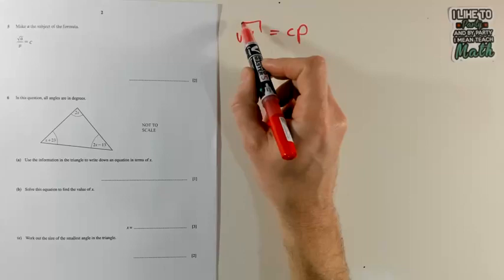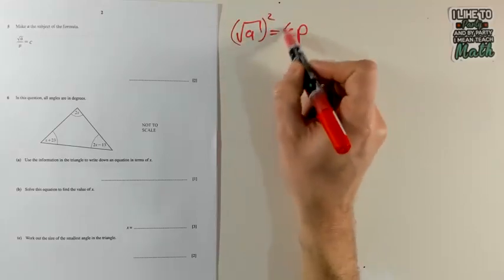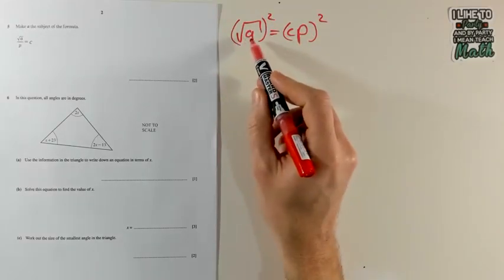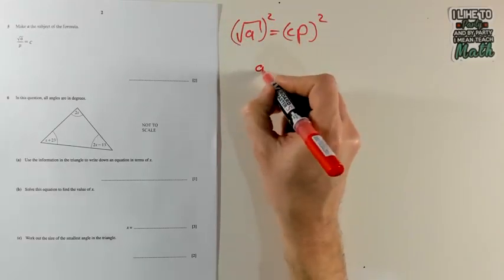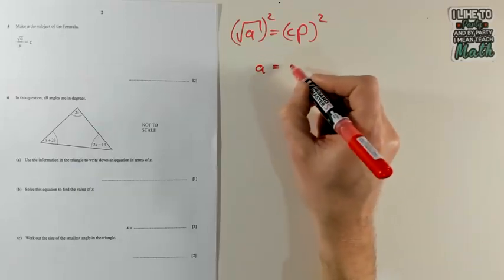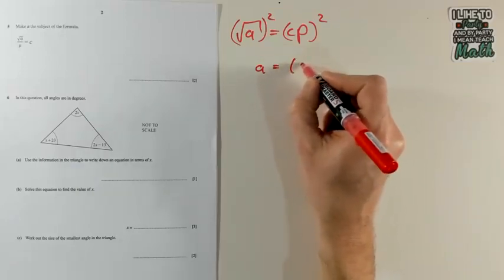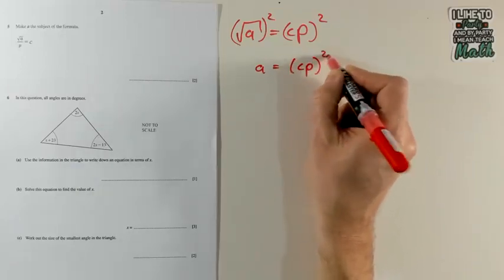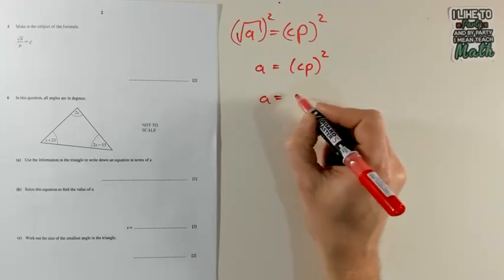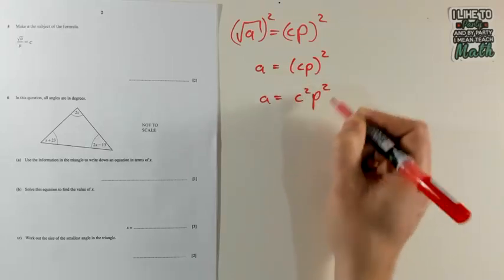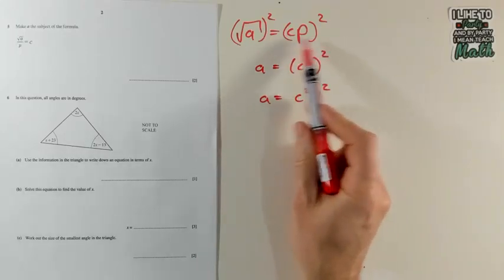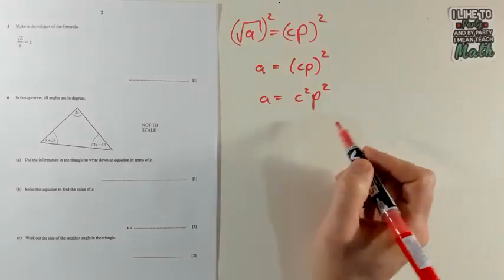To undo this, I'm going to square on both sides, and then a is equal to cp squared. There are one of two ways to write this: either cp all squared, or a is equal to c squared p squared, because both of those are being squared.